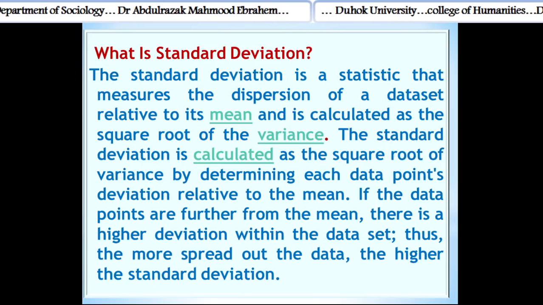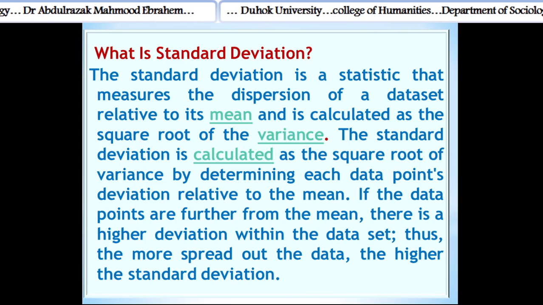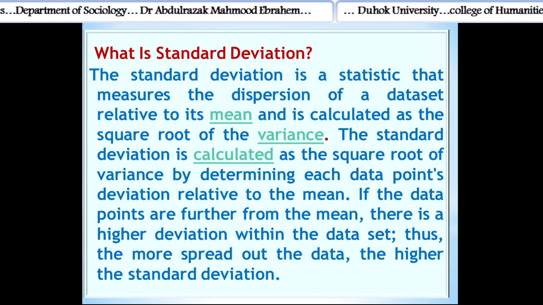What is a standard deviation? Standard deviation is a statistic that measures the dispersion of a data set relative to its mean and is calculated as the square root of the variance.